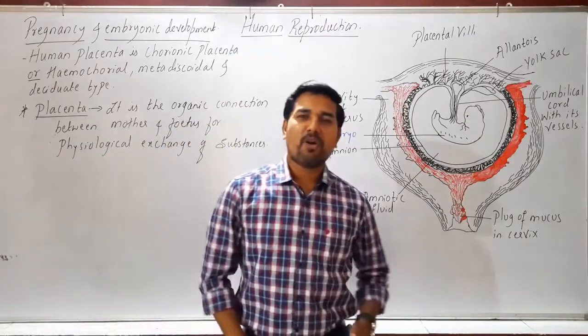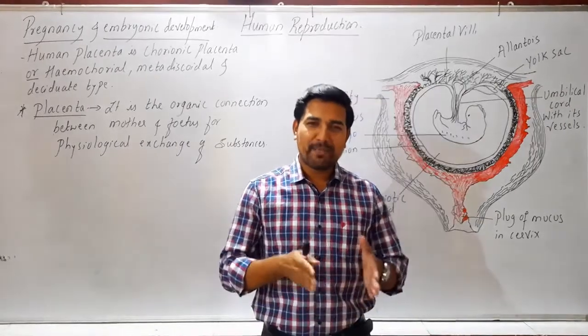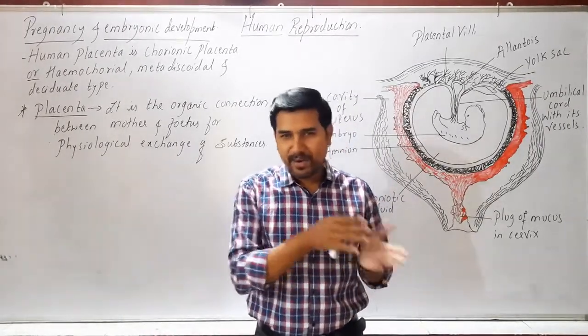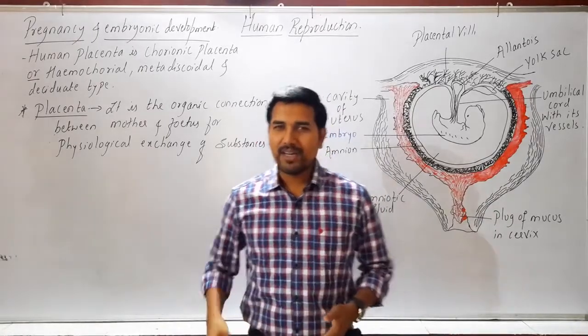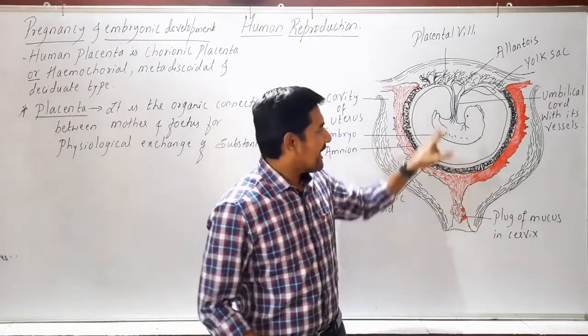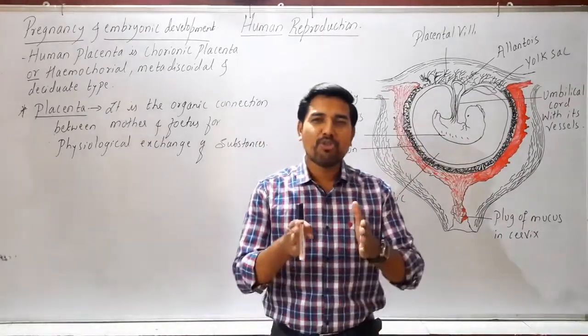So the placenta is an organic connection between mother and the fetus, and we also call it a temporary connection between mother and the fetus. And this placenta provides nourishment for the developing embryo.